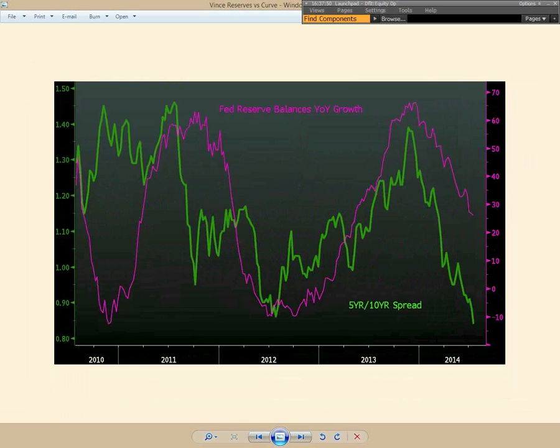So while they're still buying bonds, the growth rate has peaked. Therefore, the idea was, okay, now the curve is going to start taking back some of that inflation premium, and whether or not that was going to be in the front end with rates moving up or in the back end with rates moving down was not as material as the direction of the slope.